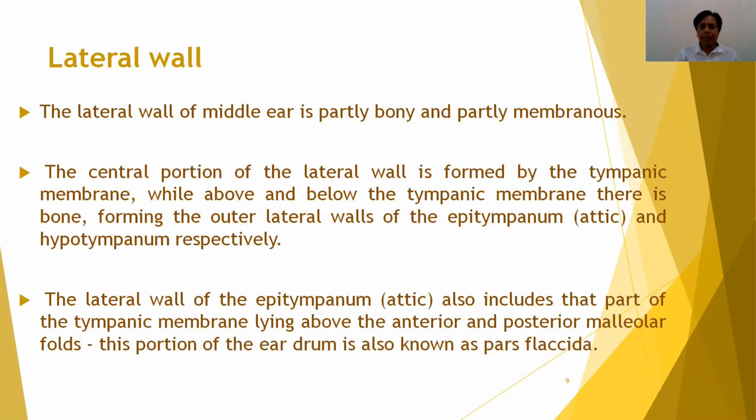The lateral wall of epitympanum, that is attic, also includes that part of the tympanic membrane lying above the anterior and posterior malleolar folds. This portion of eardrum is also known as pars flaccida.